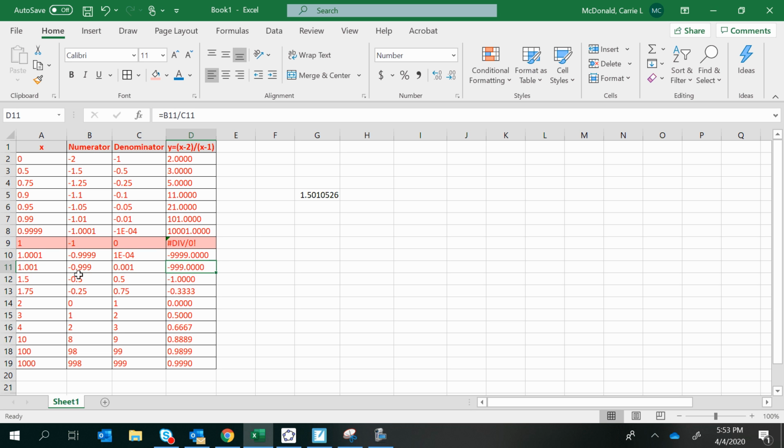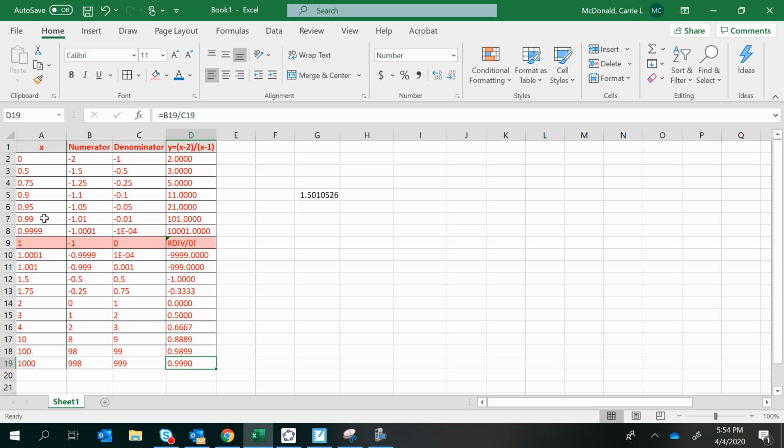But as my x gets farther away from the vertical asymptote towards positive infinity, notice that my y values are also increasing, but at a certain point, they don't increase very much. And you can see that those y values are almost 1, but never quite reaching it.